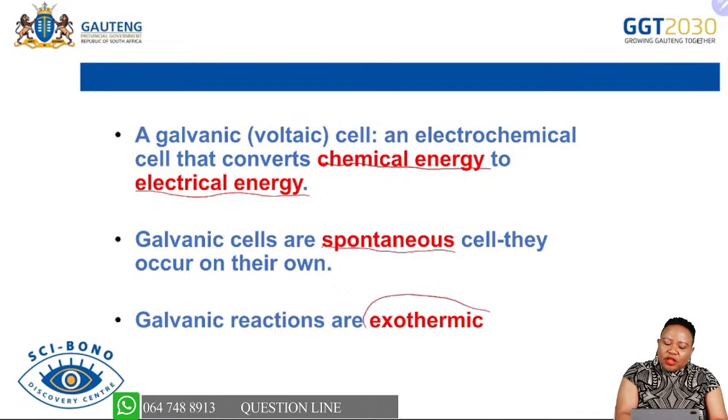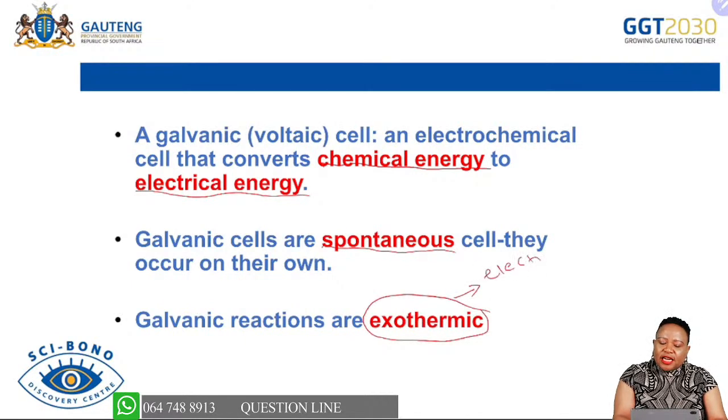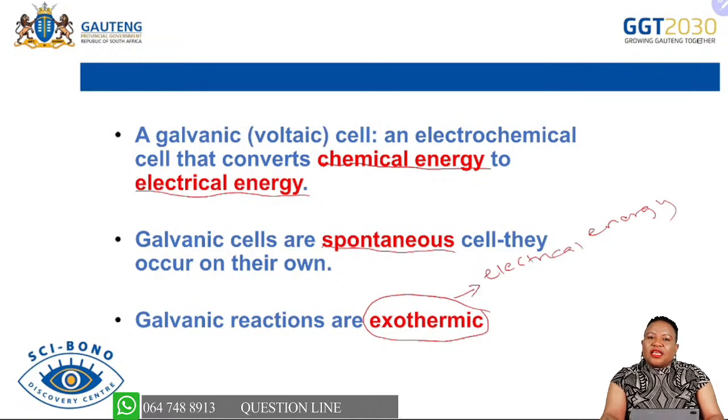These cells are exothermic reactions because they release energy as electrical energy. So remember, we are going to see electrical energy being formed as this chemical energy is converted. Therefore, we say it is an exothermic reaction because electrical energy is released, and exothermic reactions are the reactions where energy is released.